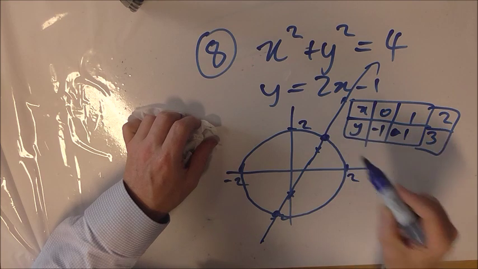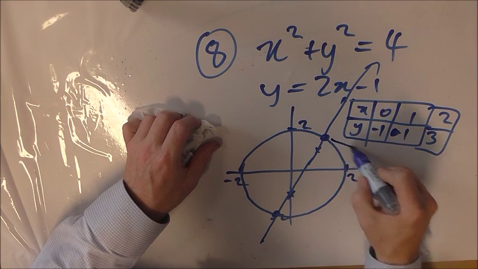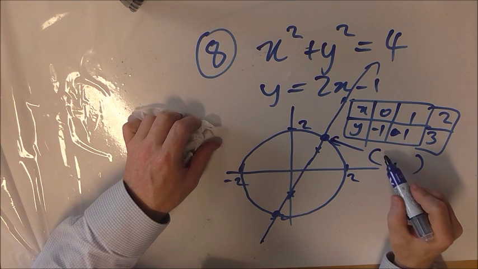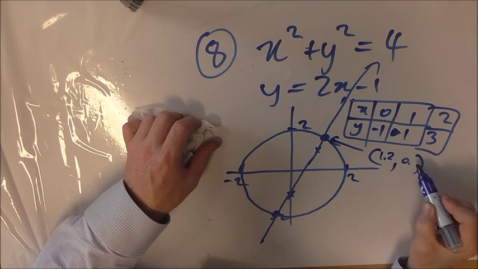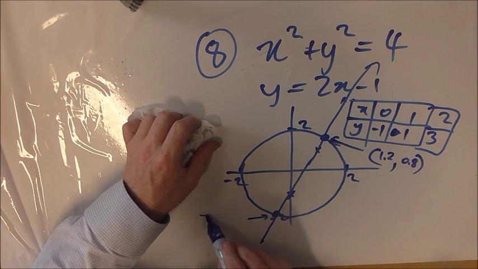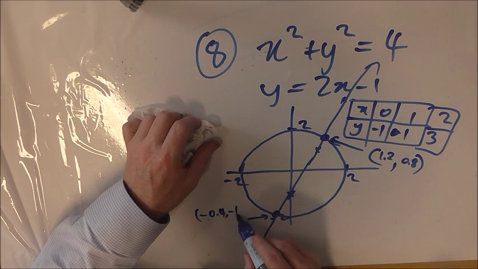So where do they meet? That intersection point is, I don't know, 1.2, 0.8. That one is negative 0.4, negative 1.9.